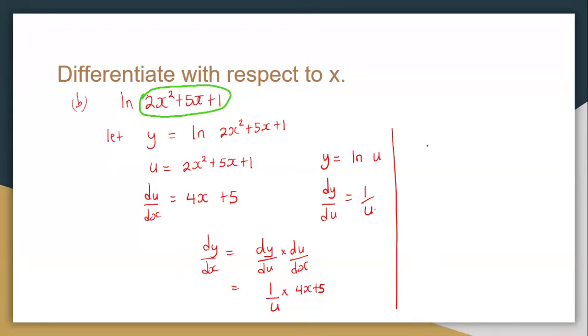Therefore, our answer for dy with respect to x will be 4x plus 5 divided by u, which is 2x squared plus 5x plus 1. Then you end at that point. For functions where you can reduce, you go on and reduce. For functions where you cannot reduce, you leave it the way it is.